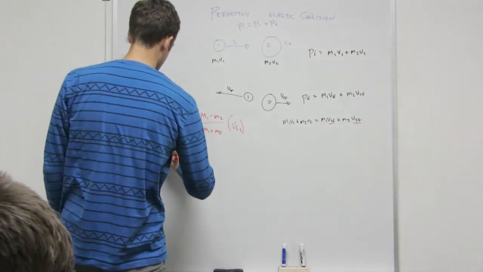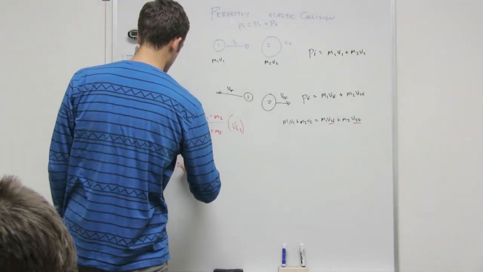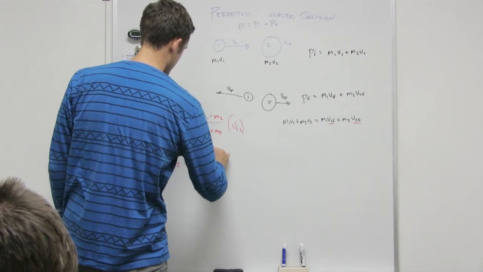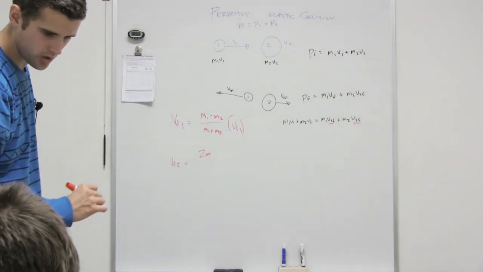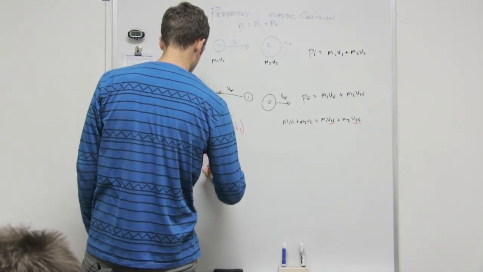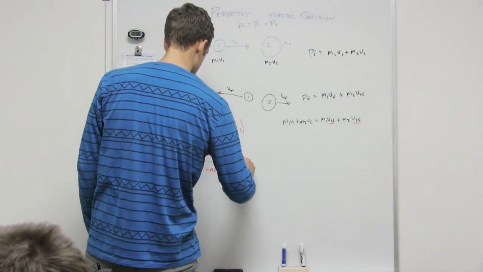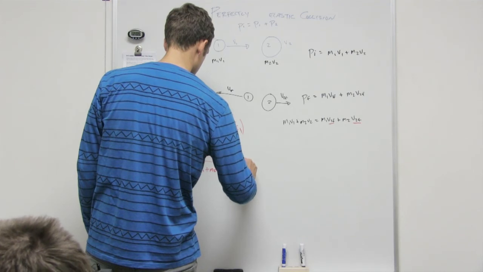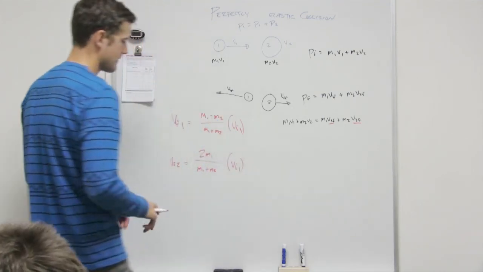The velocity final of ball 2 equals 2m1 all over m1 plus m2 times velocity initial 1.